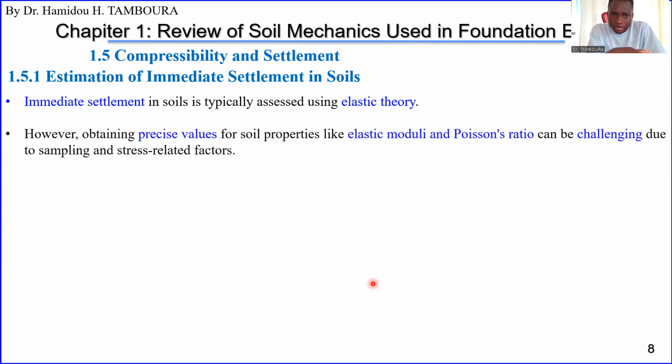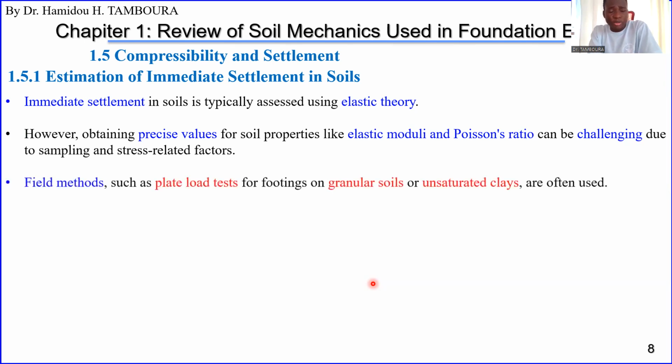The only problem with that is that some precise values of some soil properties are difficult to obtain, like elastic modulus and Poisson's ratio of soil. To obtain these, sometimes it's a very big challenge, due to sampling and stress related factors.